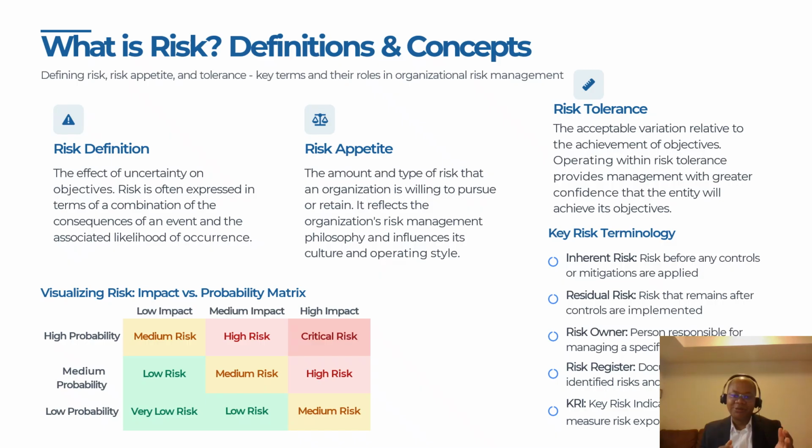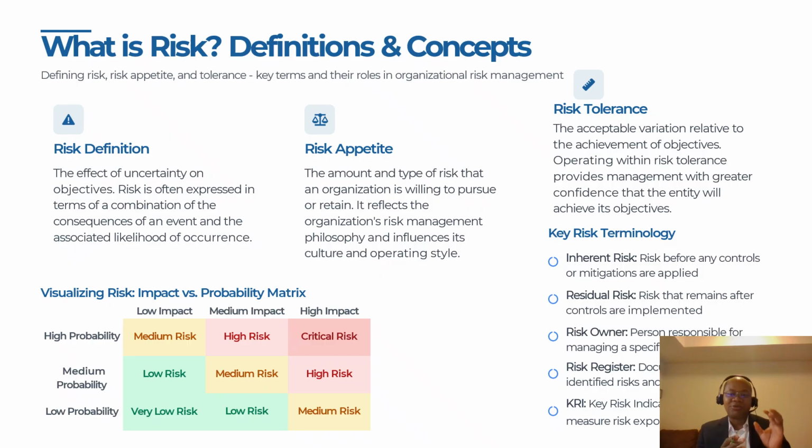By way of definition, I will say risk is the effect of uncertainty on objectives. Uncertainty because life is so dynamic, things are changing every day. We are here right now, we don't know what will happen in the next minute. So risk is often expressed in terms of a combination of the consequences of an event and the associated likelihood or probability of the occurrence.